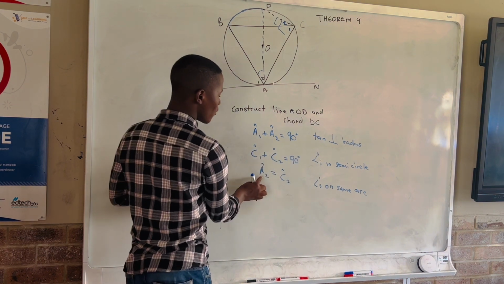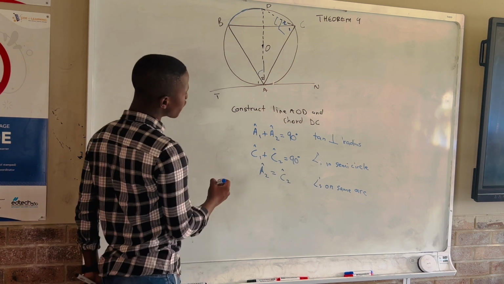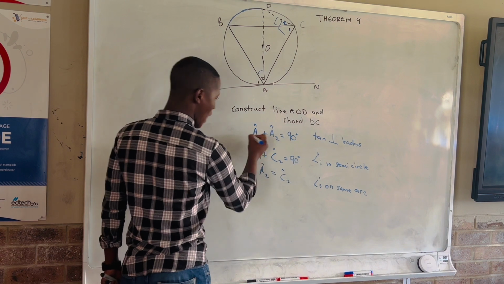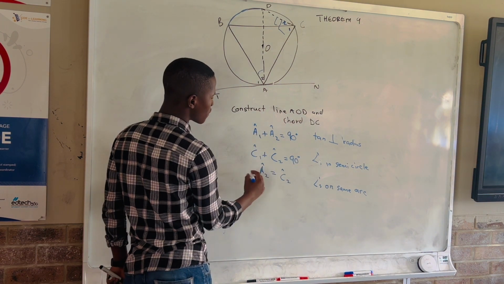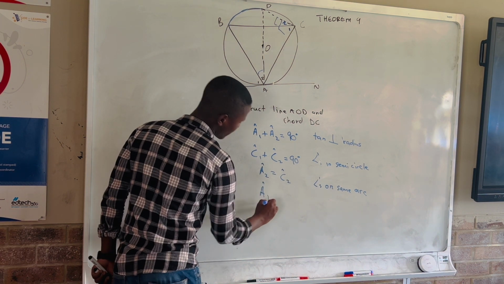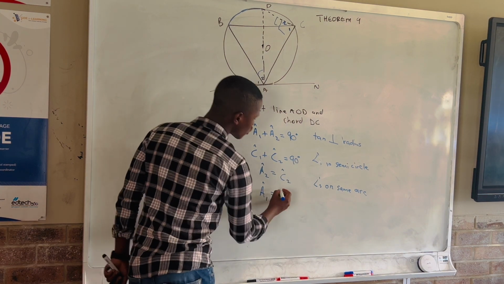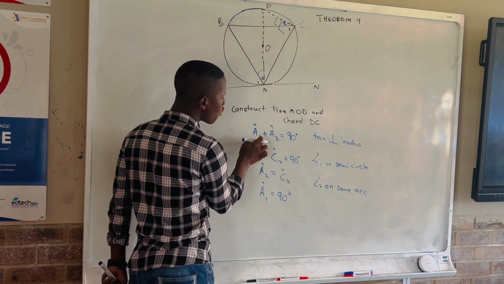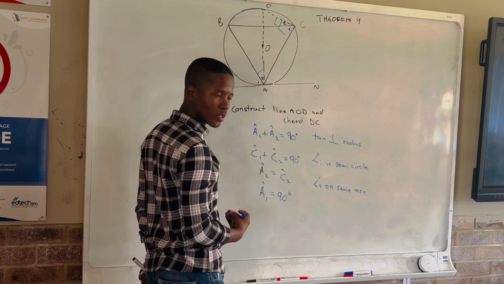So now let's move from here. You see that your angle A2 is equal to your angle C2. So therefore, what you are required to prove is this: isn't it that your angle A1 is going to be equal to 90 degrees subtract your angle A2, when you transpose your A2 to the other side?